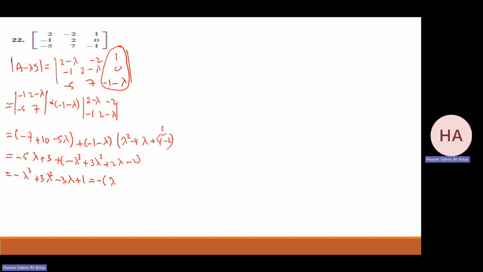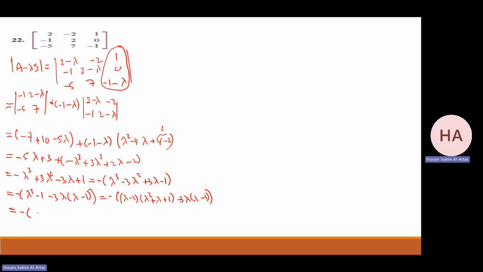Take minus common factor. I have lambda cubed minus 3 lambda square plus 3 lambda minus 1. Now I can do it. Take lambda cube with minus 1 and take minus 3 lambda with the rest. I have lambda minus 1, difference of 2 cubes, minus 3 lambda, lambda minus 1.